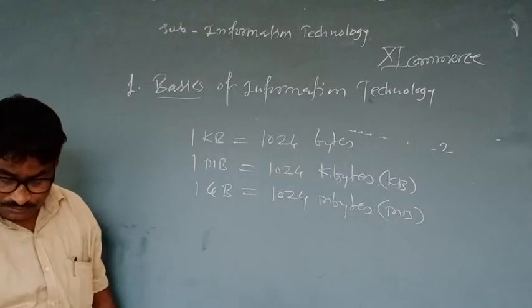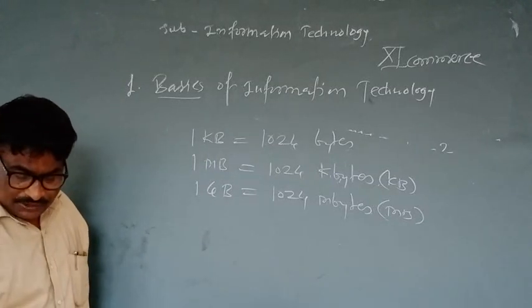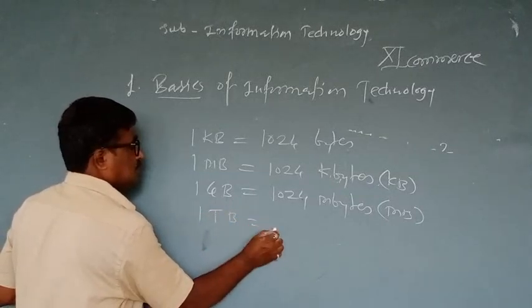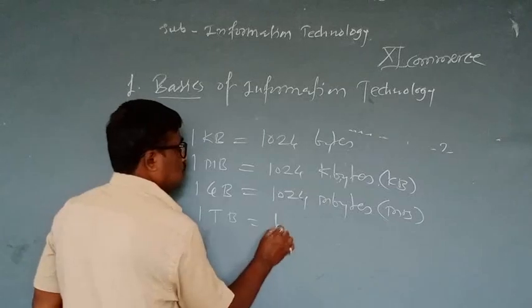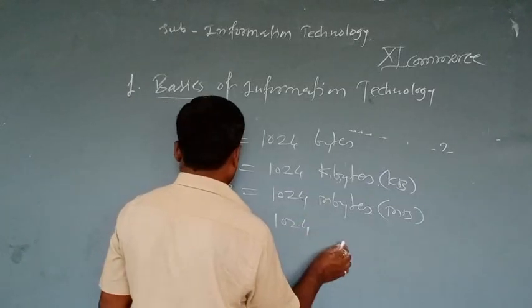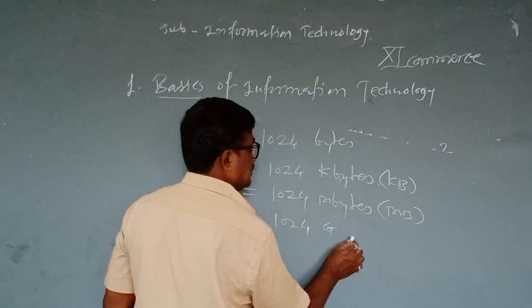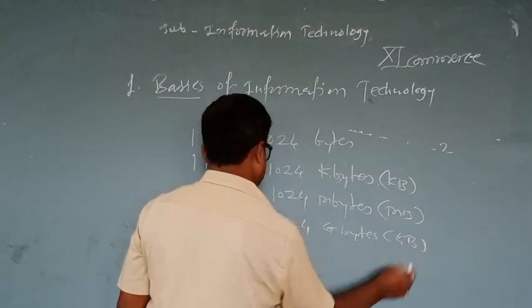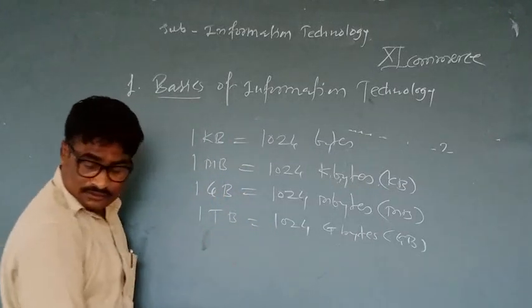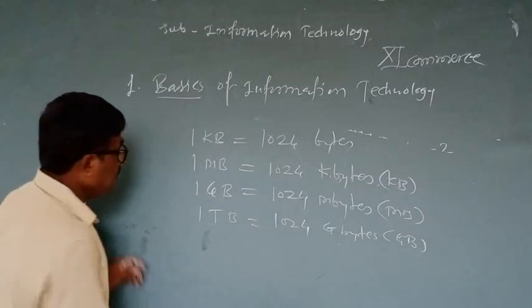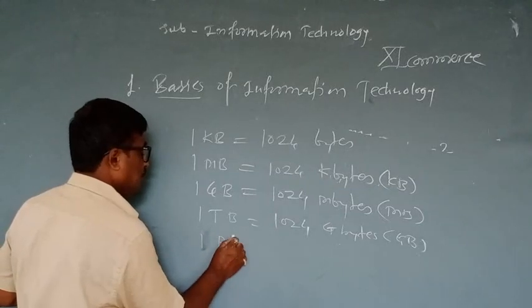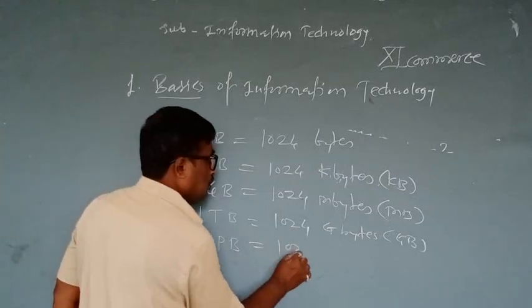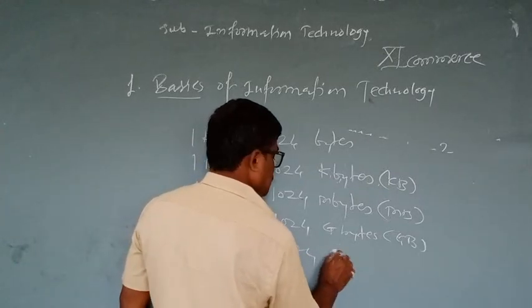Then 1 terabyte is equal to 1024 gigabytes. Then 1 petabyte is equal to 1024 terabytes.